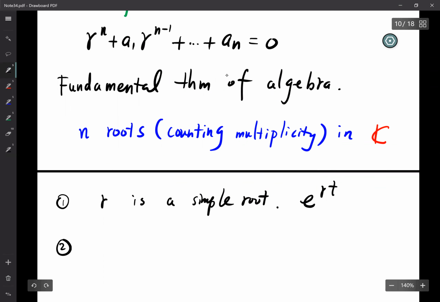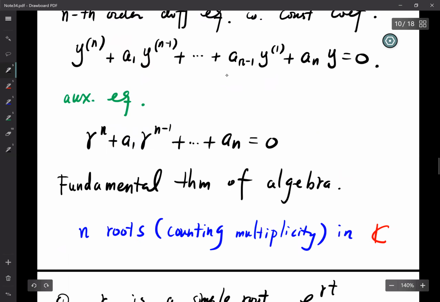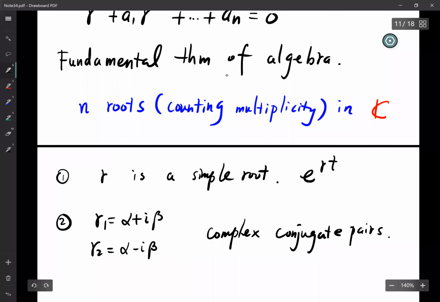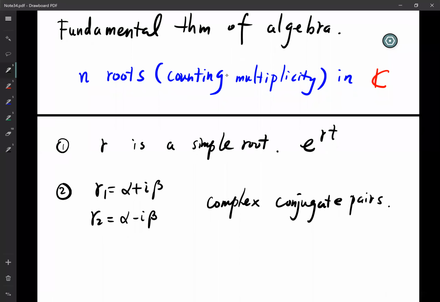What if you have a complex pair, alpha plus i beta, you have another root alpha minus i beta, so complex conjugate pairs. Indeed, because all the coefficients are real, if there's r1 that is a root, I can just take a bar over the entire equation. You find r bar is also a root, which is exactly alpha minus i beta. So if one appears, the other must appear.